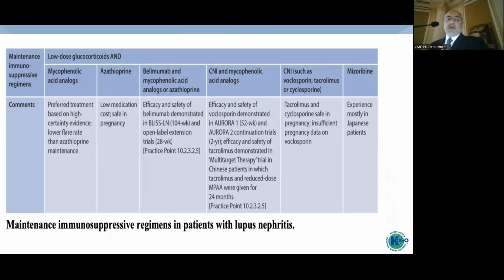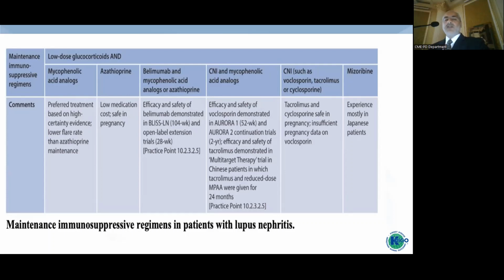Another protocol also suggested for maintenance therapy is combined belimumab and MPA or azathioprine. So combining belimumab with MPA or belimumab with azathioprine is a third line of treatment for maintenance immunosuppression in patients who achieved complete or partial remission in lupus nephritis.